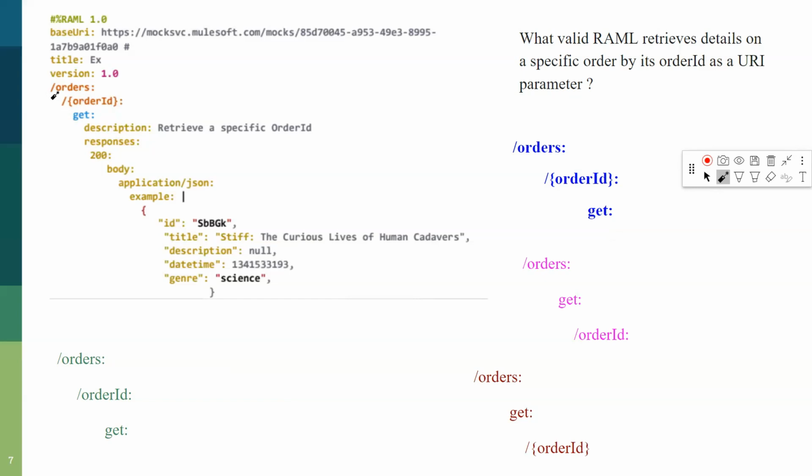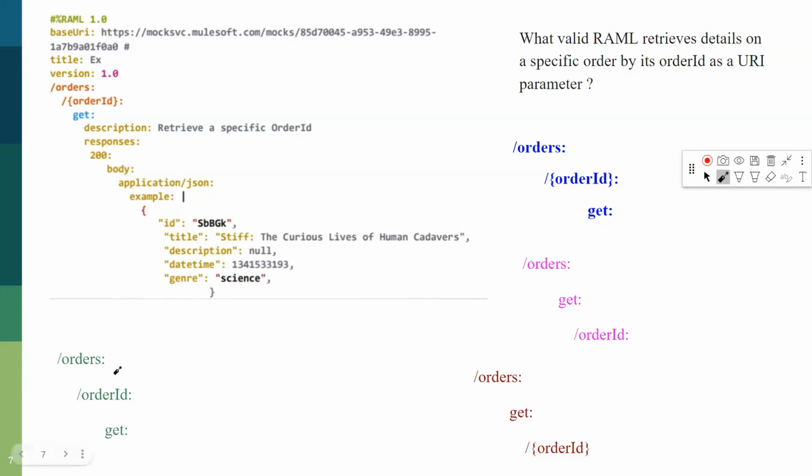Here we have the orders resource. Under it, there is the order ID resource per ID, and there is a get method. This get method acts on this one, so it will return per ID. And there is an example. The fields are specified here, and the response should be JSON.